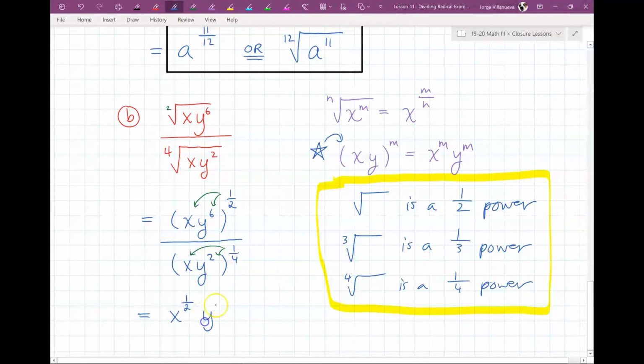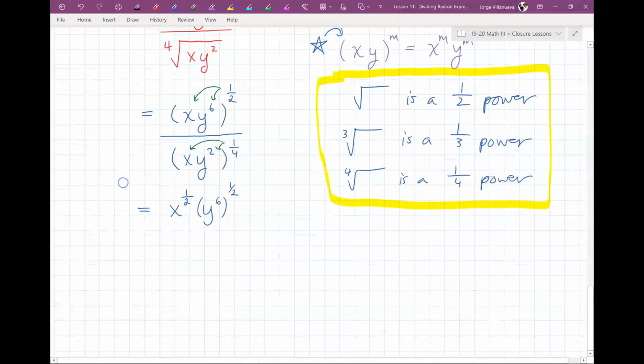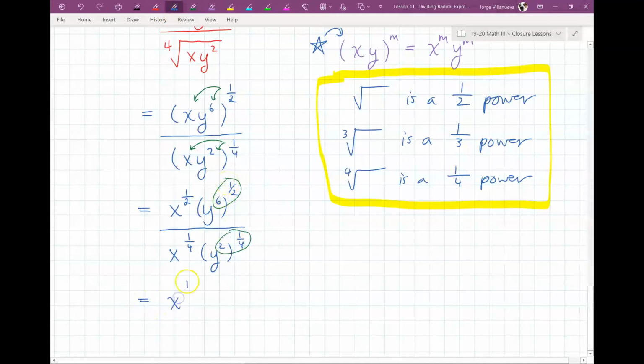And then this will be y to the 6th to the half divided by x to the 1/4 times y squared to the 1/4. All right, now remember, powers to powers, I multiply, right? So 2 times a quarter, 6 times a half. So let me write that out. X to the half, y to the 6 times half, that's 3.